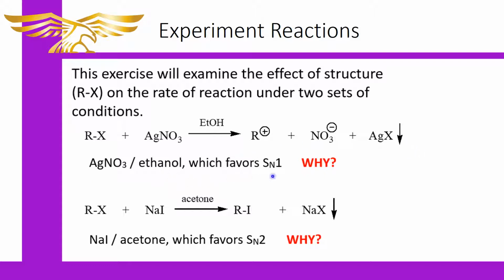And an example of this, and to kind of answer some of this question, would be that ethanol is a protic solvent because it has hydrogen bonding and a nice dipole to it. So it's going to really help to stabilize the carbocation. In the case of silver nitrate, we know nitrates are typically pretty water soluble.